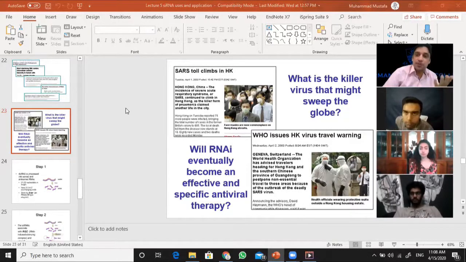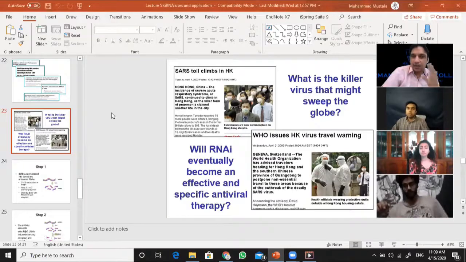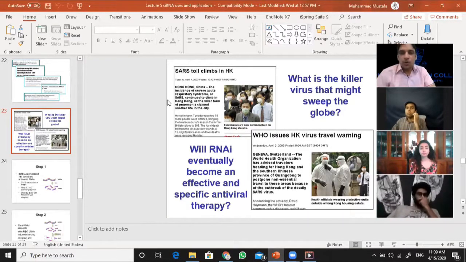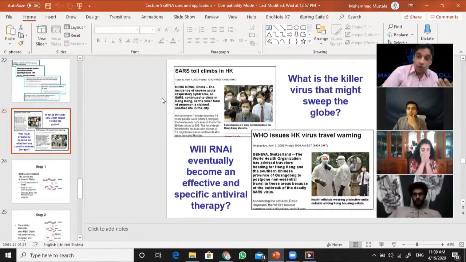So imagine the President of the United States being furious that he failed to understand this critical characteristic of that virus.